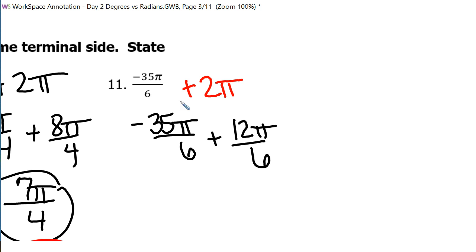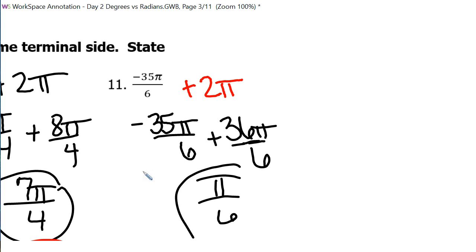Would 24 over 6 work? No. So the next one would be what? 36 over 6. So let's just go ahead and do 36 pi over 6, so we only have to do it one time. And if we add those together, what do we get? Pi over 6. And pi over 6 terminates in which quadrant? Quadrant 1 is correct.